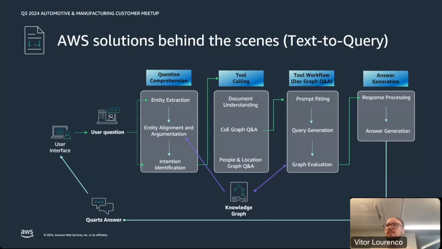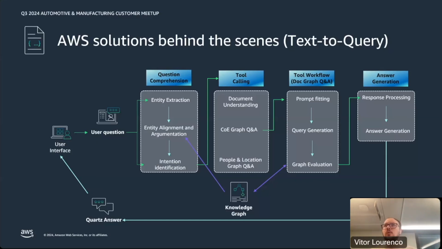In that specific scenario, for the COE graph Q&A, we first do the prompt fitting, where the extracted entities, the augmented entities, and the context relevant to those we fit into our prompt. Then, powered by generative AI, we generate the query, and we retrieve the information that the query could give us based on what we have in our knowledge graph.